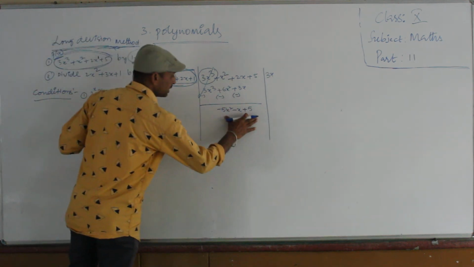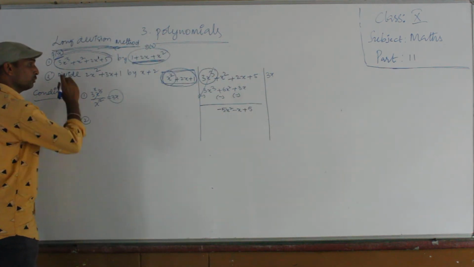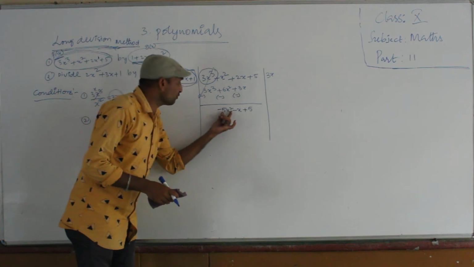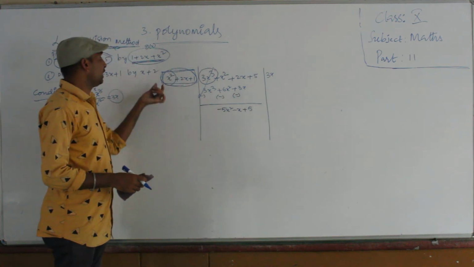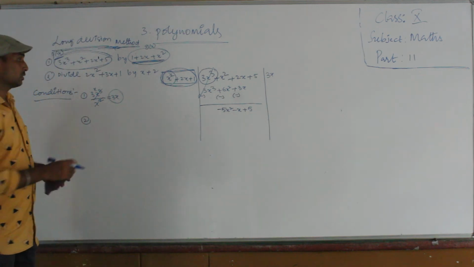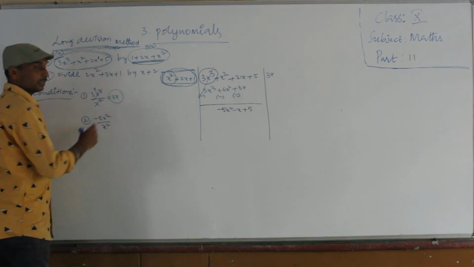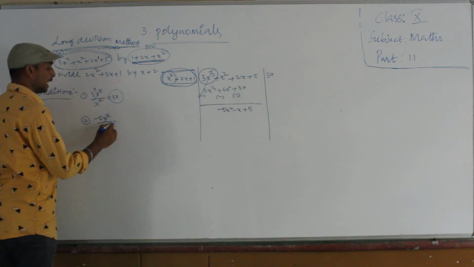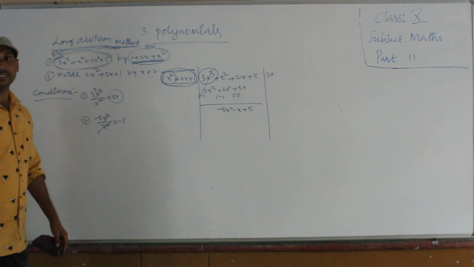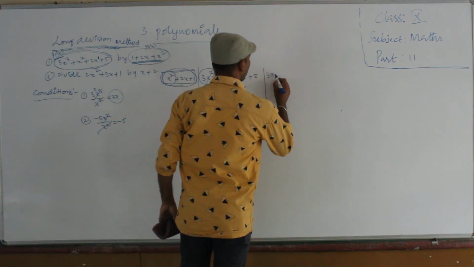Then after this, the same process, condition number 2. Divide the first term of this by the first term of the divisor. So 5x square by x square: x square cancels, giving minus 5. This minus 5 you write in the quotient.